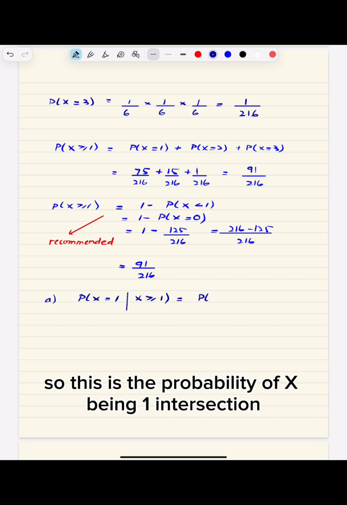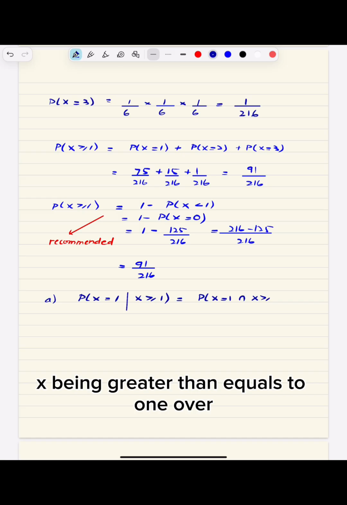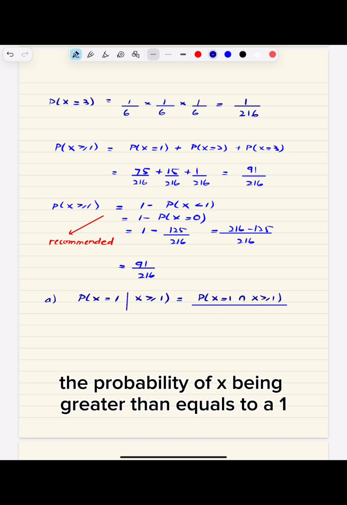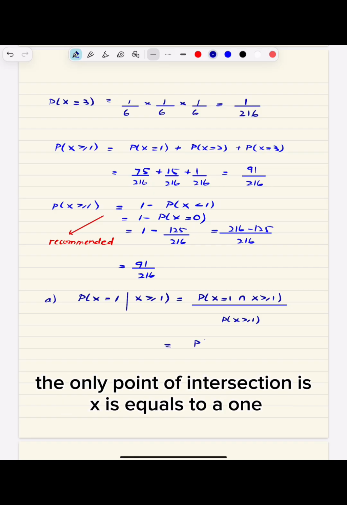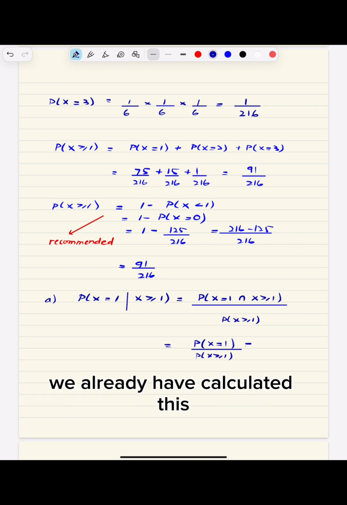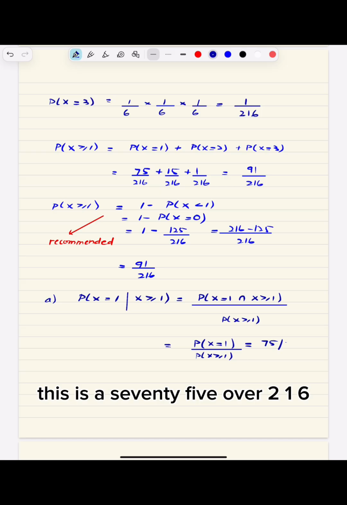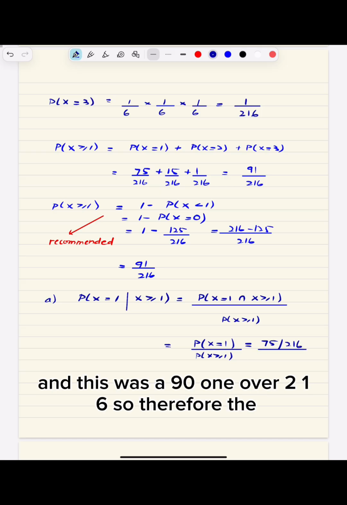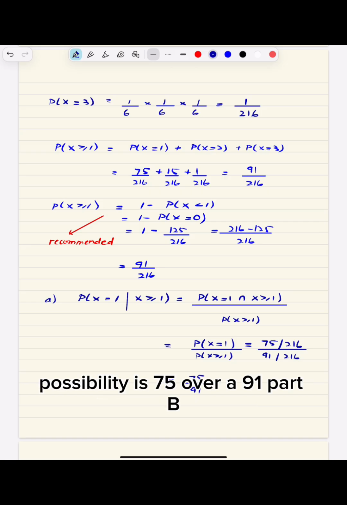So this is the probability of X being 1 intersection X being greater than or equal to 1, over the probability of X being greater than or equal to 1. So the only point of intersection is X equals 1, and the denominator is X greater than or equal to 1. We already have calculated this. This is 75 over 216, and this was 91 over 216. So therefore the probability is 75 over 91.